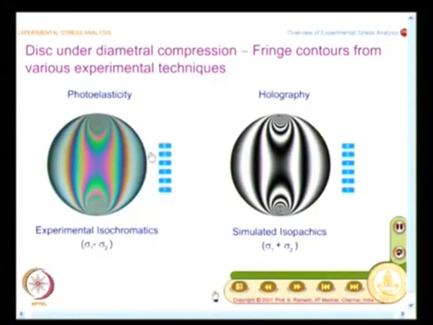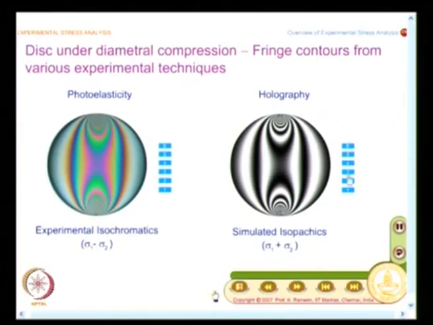And what you have to note down is that between photoelasticity and holography, I have shown colored contours for photoelasticity, because you use white light and get information in color, which is unique to photoelasticity. Although it also gives monochromatic information, many techniques depend on a monochromatic light source and you get black and white information which is processed.